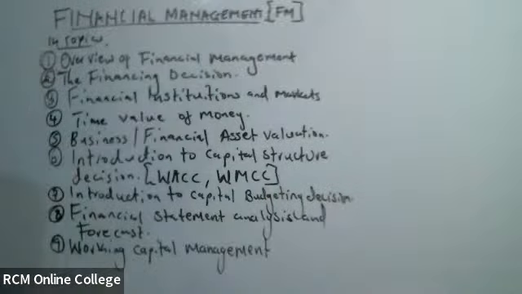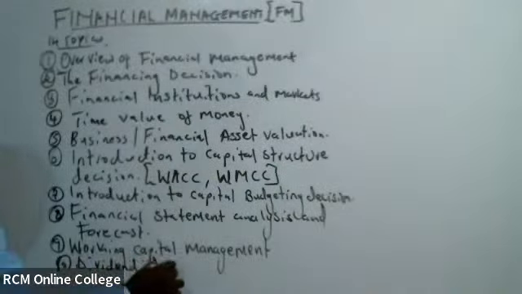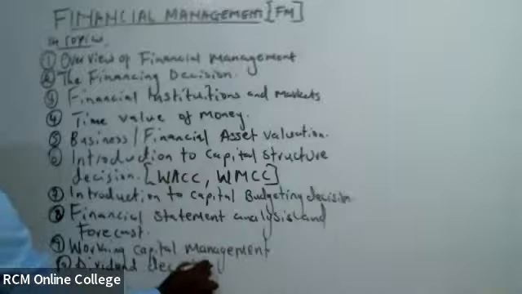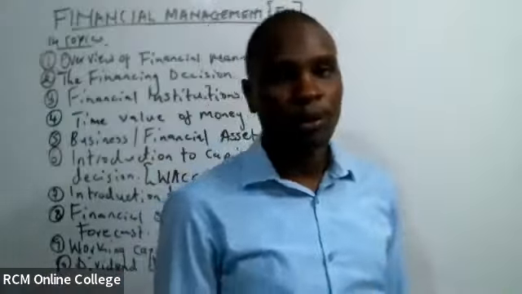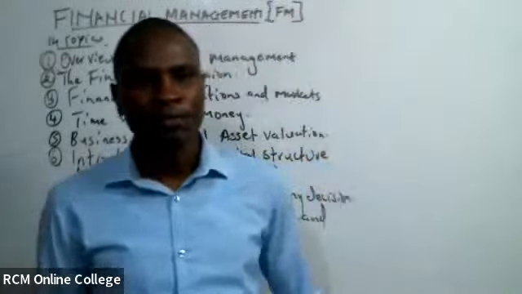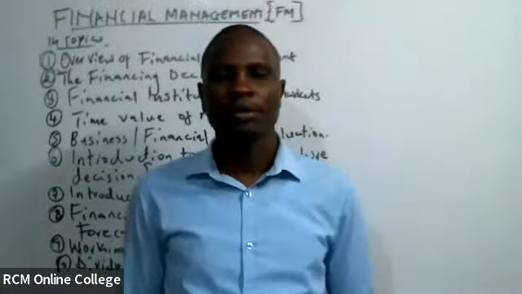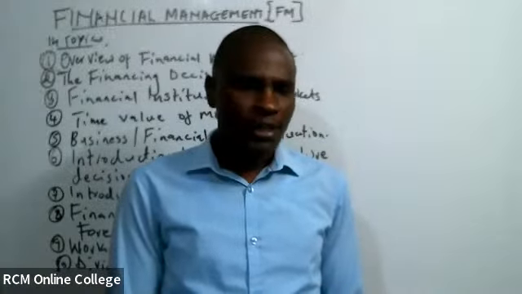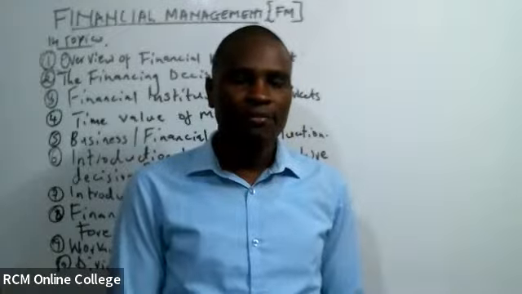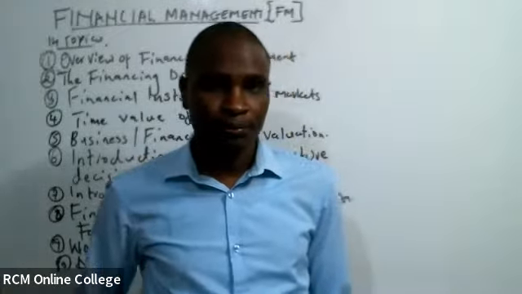Then dividend decision, topic number 10. Dividend decisions. That is a topic by its own. Yes, you're in a circle. Every year you receive some dividend from that circle. Now, we say that dividends are derived from retained earnings.